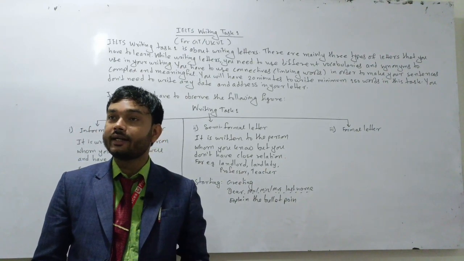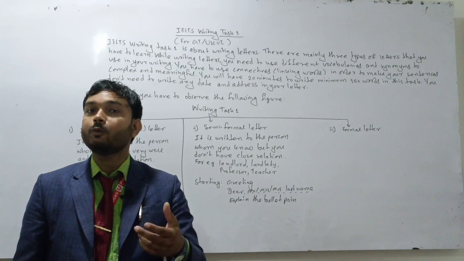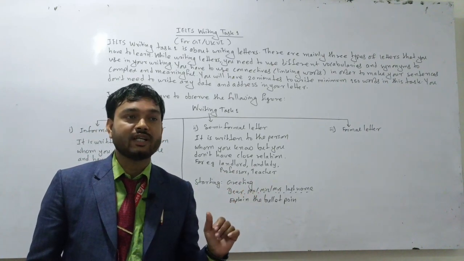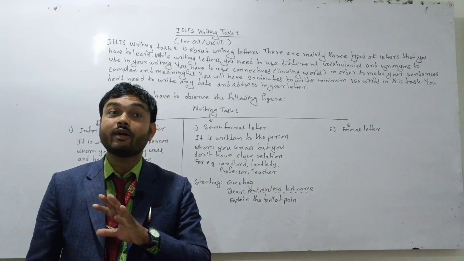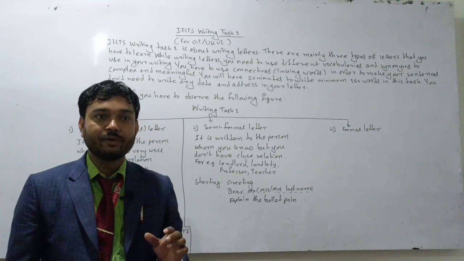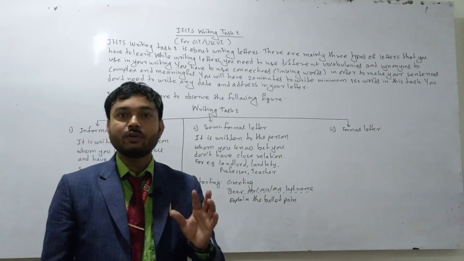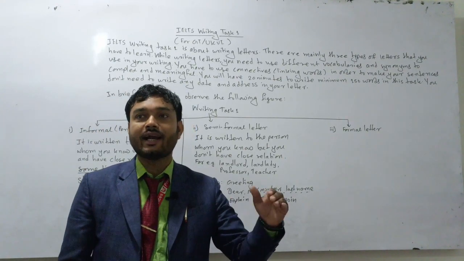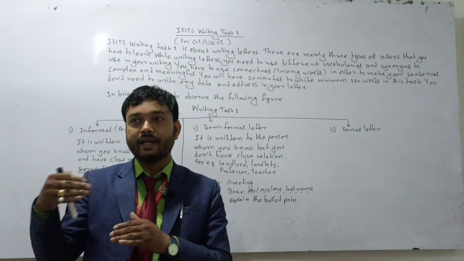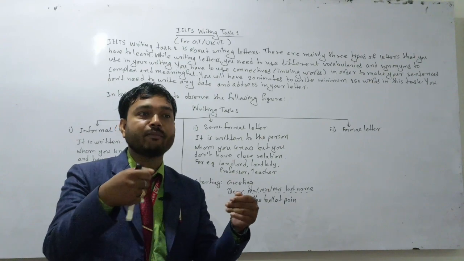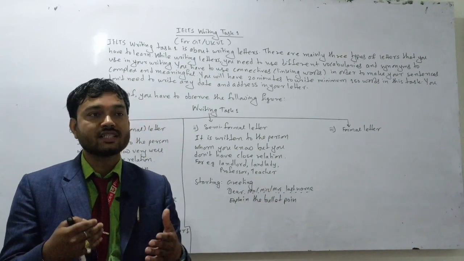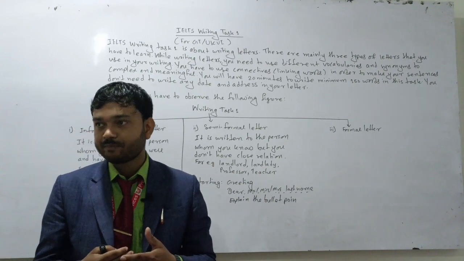Actually, a semi-formal letter we write to the person whom we know well, but we don't have a close relation. We don't meet regularly. Like for example, a landlord. In abroad, in a foreign country, you don't have much time to go and meet the landlord. You only meet at the weekend or month end, when you go to pay the rent, so you meet him occasionally but not regularly.